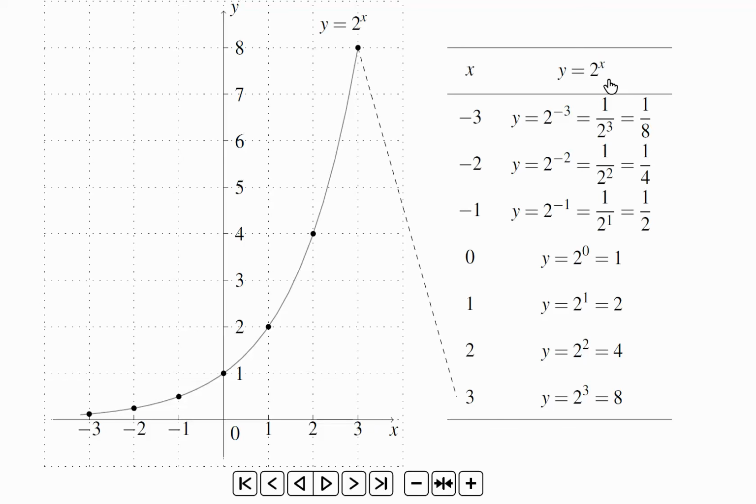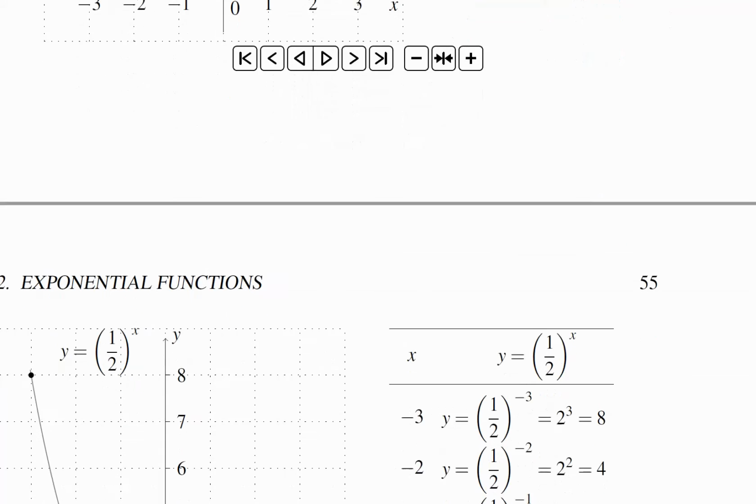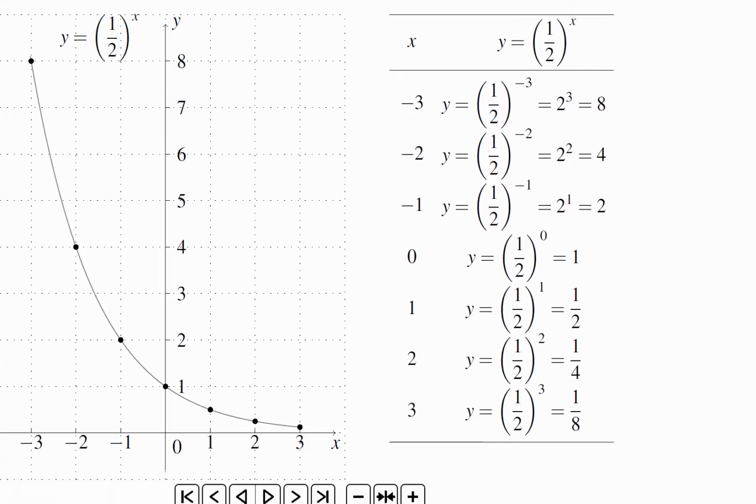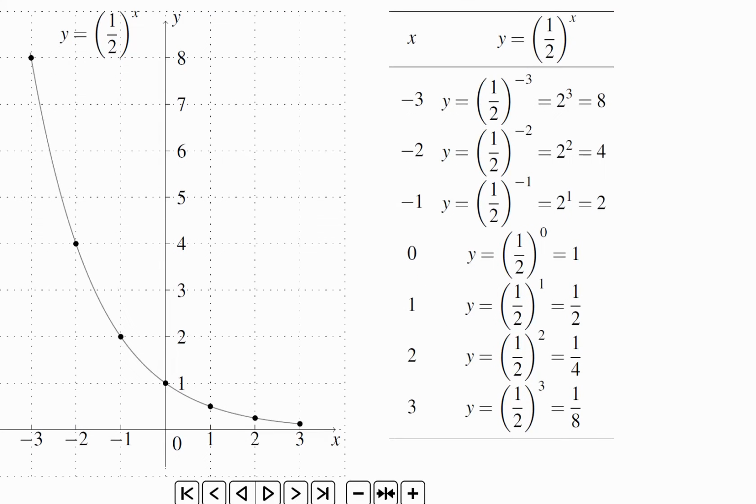Let's also look at the following picture. Right down here, you see, this picture is for y equals 1/2 to the x.